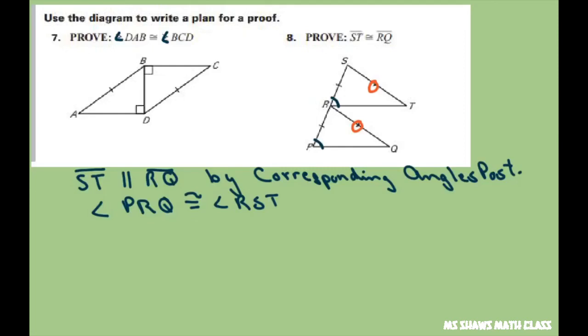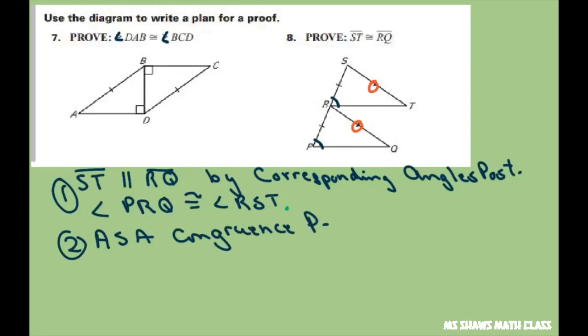We have an angle side angle, so we're going to use the angle, side, angle congruence postulate to prove that the triangles are congruent.